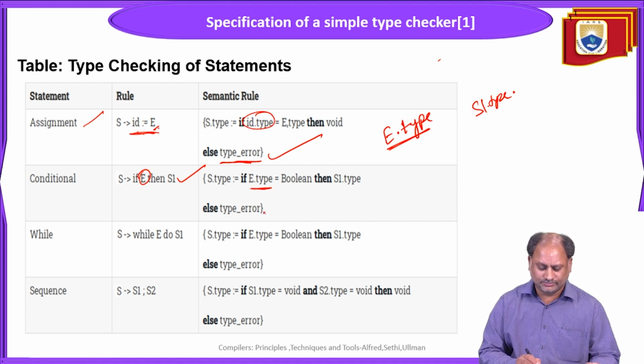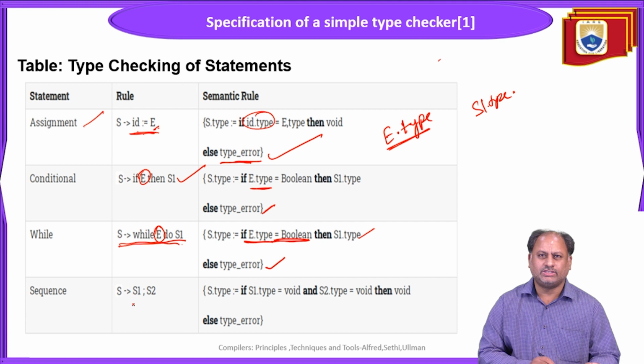Else, error. And for the while structure, while E do S1, the E type is to be evaluated as a boolean expression, then the corresponding type is S1 dot type, else type_error.